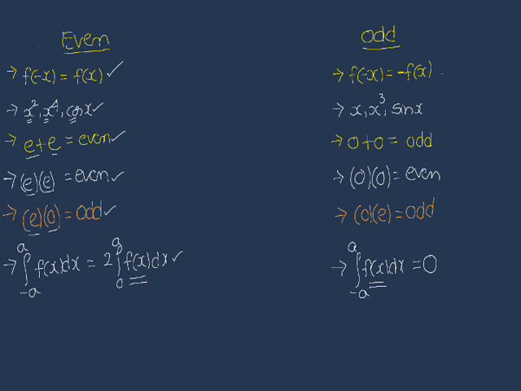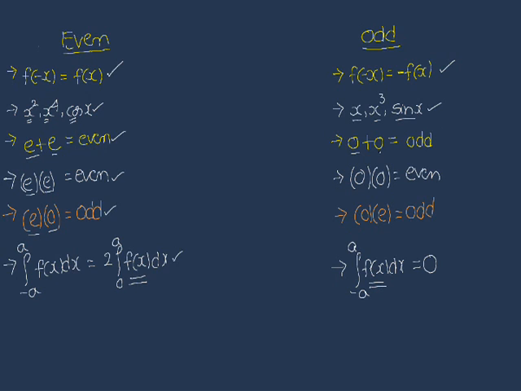Similarly, for an odd function, f of minus x is equal to minus f of x. Examples: x, x cube, sin x. If you substitute minus x in place of x, you get minus x. Minus x whole cube gives minus x cube. Sin of minus x is minus sin x. Therefore these are all odd functions.